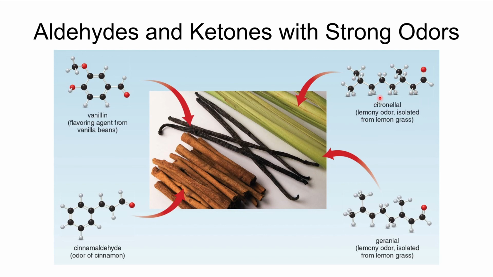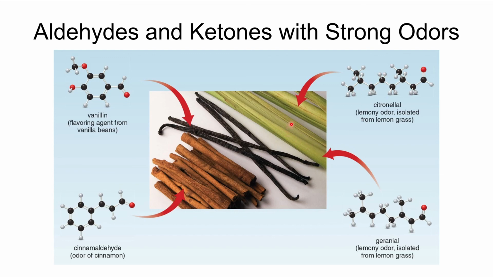There's citronellal, which comes from lemongrass. Included in that is the citronella grass, or you can get citronella extract. That compound, which comes from different varieties of lemongrass, has a very pleasant lemony odor and is also a moderately effective mosquito repellent.